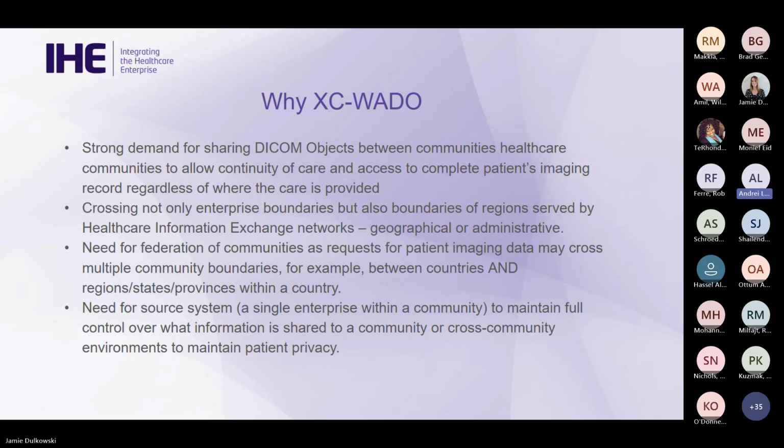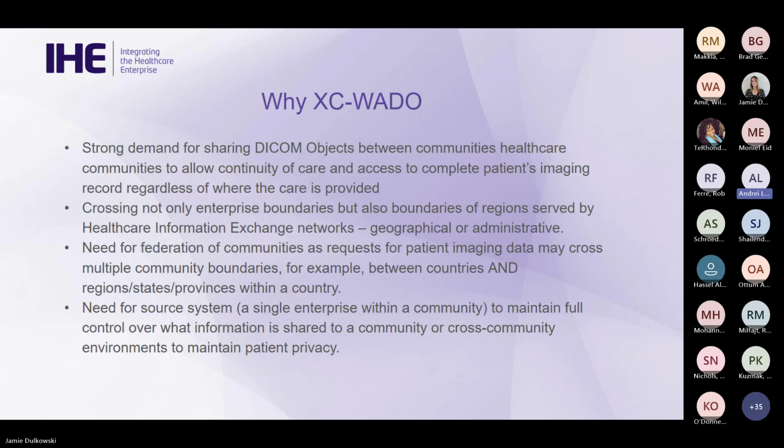But we also see similar efforts in the US. The Sequoia project could be one of the examples where that level of exchange of healthcare information is extending way beyond a single region or single state, and could reach pretty much a national scale.